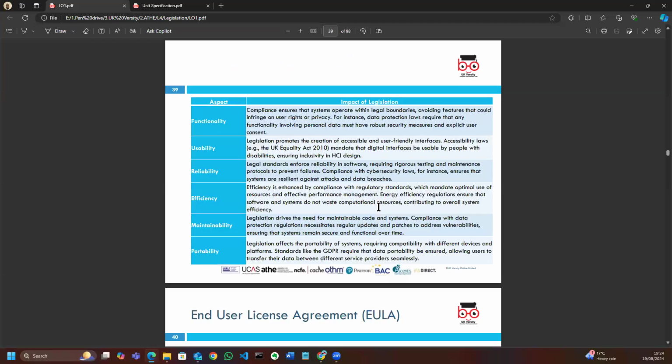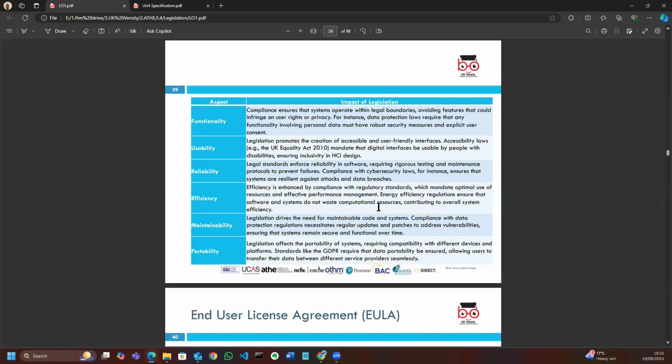So here we have a nice chart which shows us the impact of the legislation. We'll now discuss functionality, where compliance ensures that systems operate within legal boundaries, avoiding features that could infringe on a user's rights or privacy.